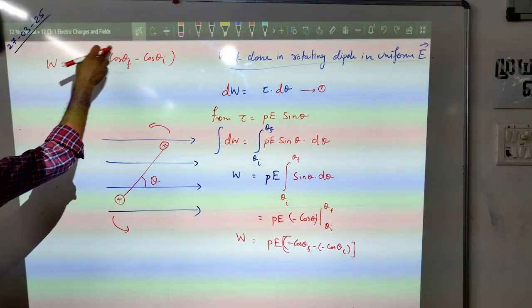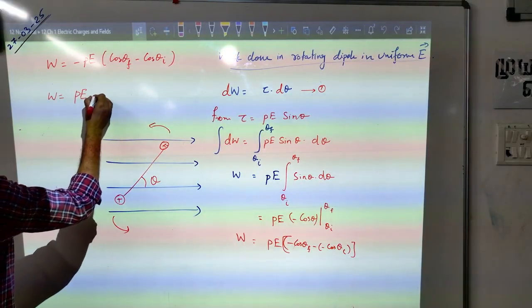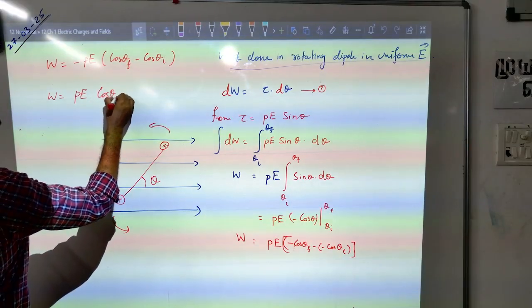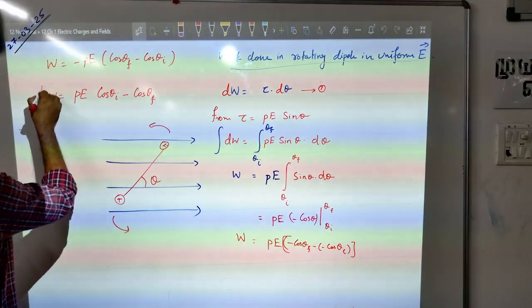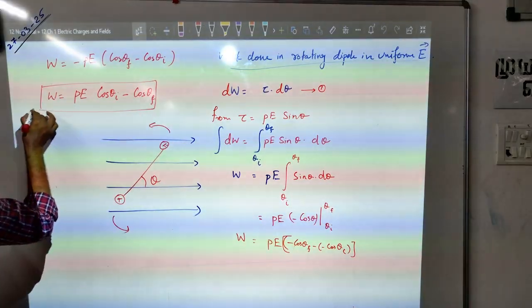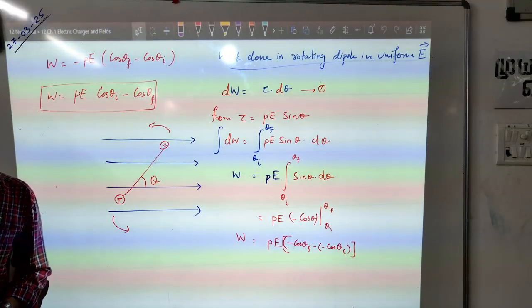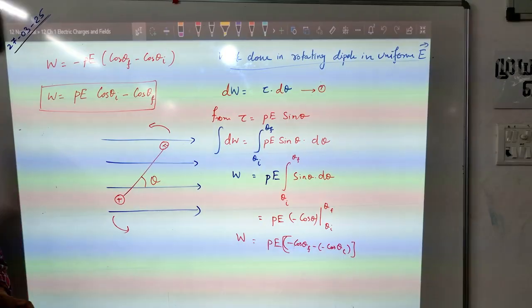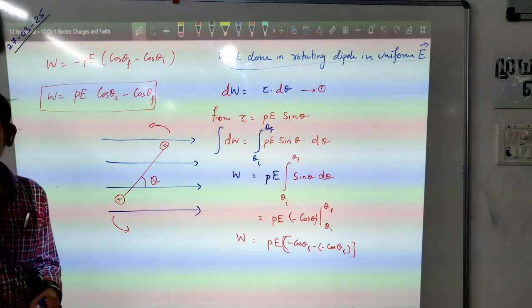If you bring this minus sign inside, work done is equal to PE into cos theta initial minus cos theta final. Noted.